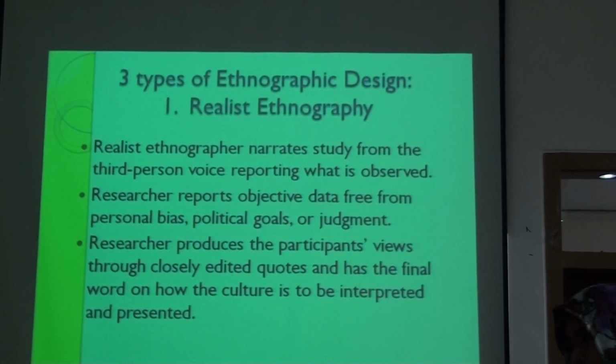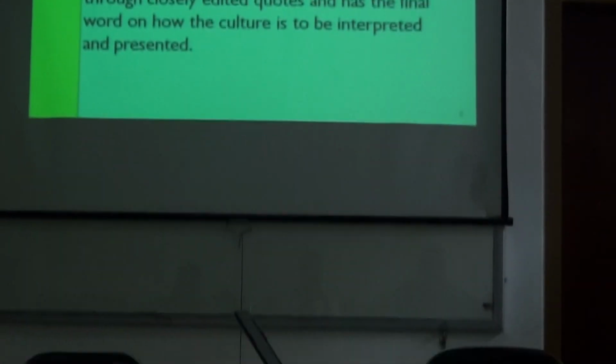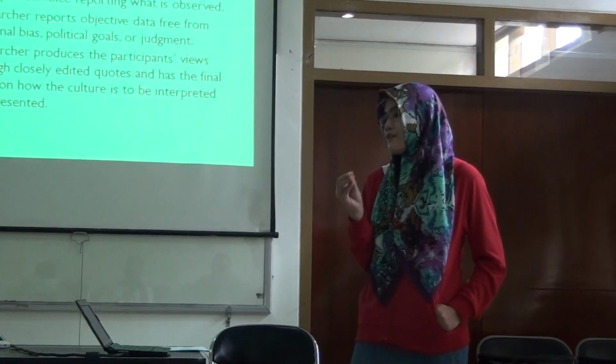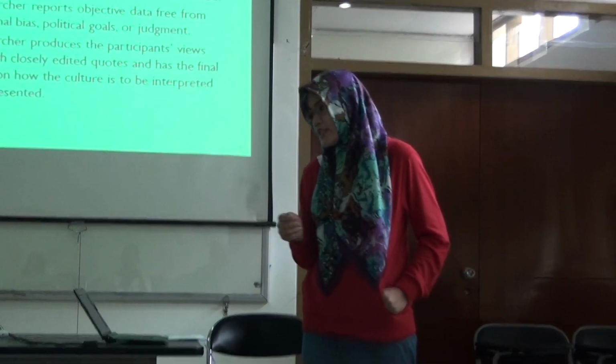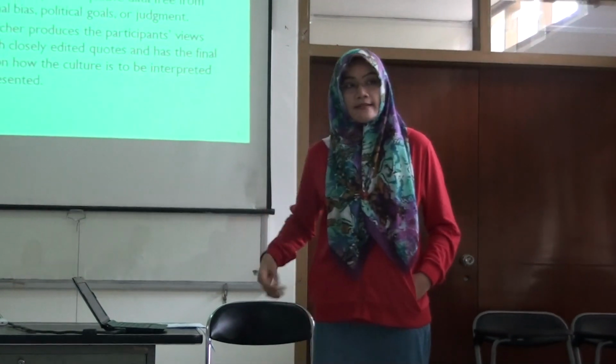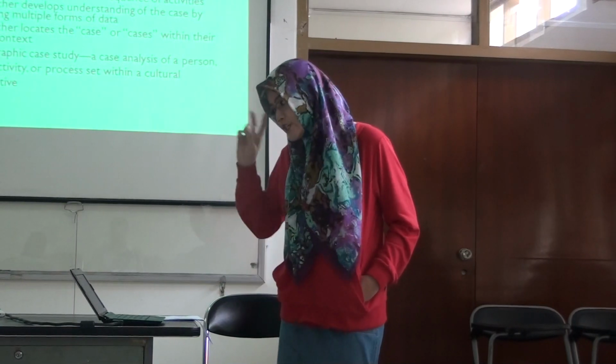The researcher reports objective data free from personal bias, political goal, or judgment. Right? It's a pure research report from that side. And then the researcher produces the participants' views through closely edited quotes and has the final word on how the culture is to be interpreted and presented. We are going to have a clearer picture, yes, after comparing with the other two types.